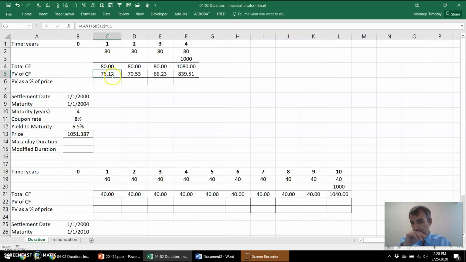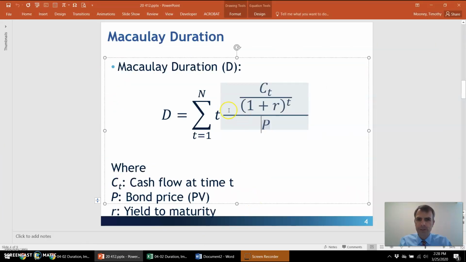The Macaulay duration formula asks what percent of the bond's price, the bond's market value today, this first cash flow represents. So we take the present value of the cash flow divided by the bond's price, and I'll lock that cell reference, make it absolute, in the denominator, because we're going to copy and paste this formula over. This first coupon payment represents 7.1% of the bond's price today.